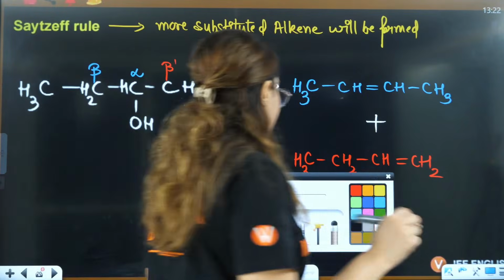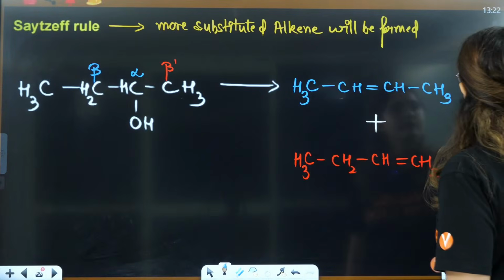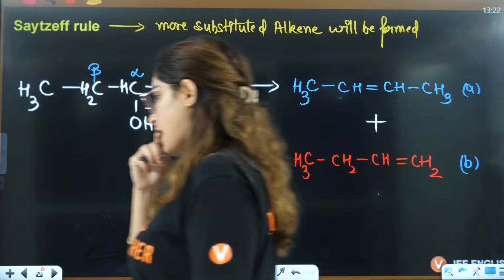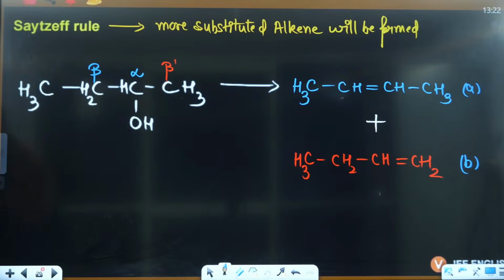Now tell me, if I write this as A and this as B, which one is going to be the major product, A or B? Do let me know. Yes, Abhishek, Shivani, Ujjwal, Rama Raju, tell me which one will be the major product here.